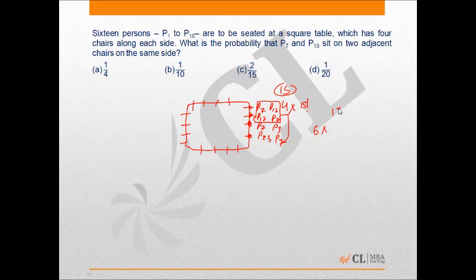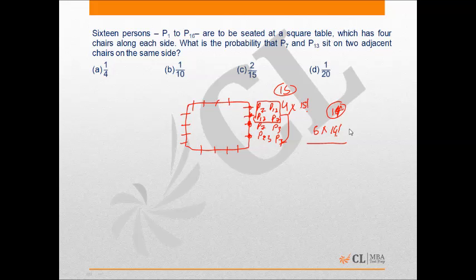Now we have to arrange 14 persons on the remaining 14 chairs, which can be done in factorial 14 ways. So the total number of ways in which these 16 persons can sit around the table such that P7 and P13 sit on two adjacent chairs on the same side is 6 into factorial 14.